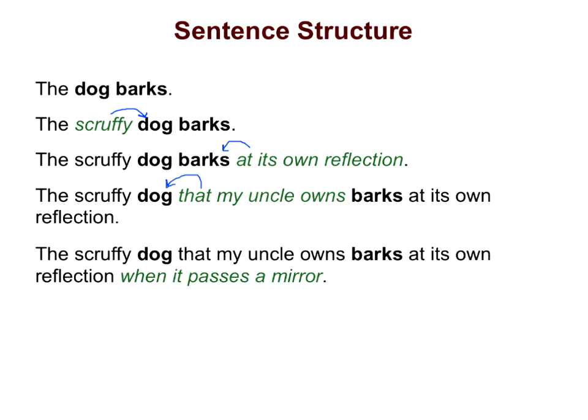All right, good. So this guy is telling us when it barks. It barks. When does it bark? Oh, when it passes a mirror. All right, good. Getting more complicated. And noticing that sometimes things don't have to be. For earlier examples, our modifiers were right next to the things that they were modifying.